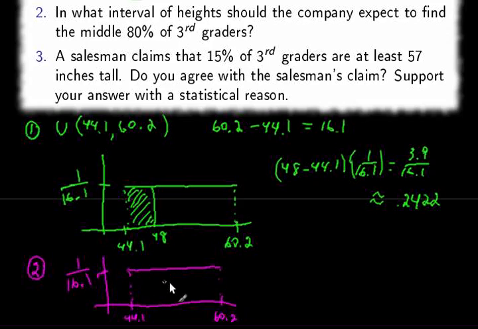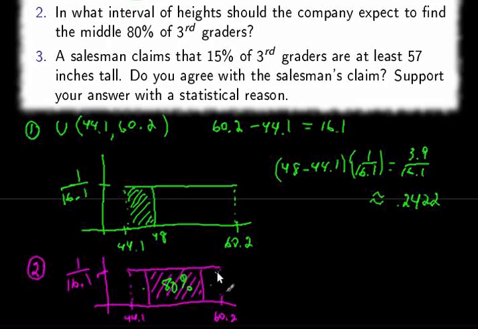Now the middle 80% means 80% of the area located in the middle, that is, the same amount of area to the right as to the left of our area. So if I try to shade in 80%, we'll say that that's 80% of the total area here. And notice I put it in the middle, so we have the same amount here as we do here.